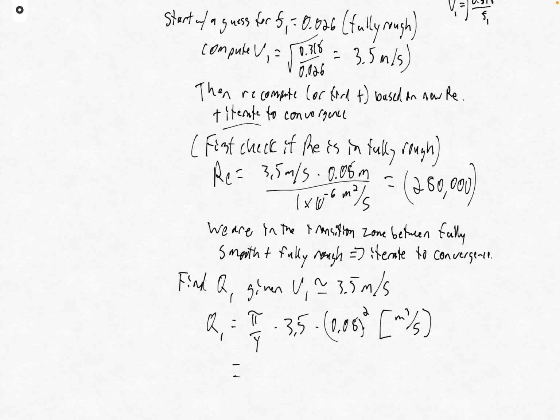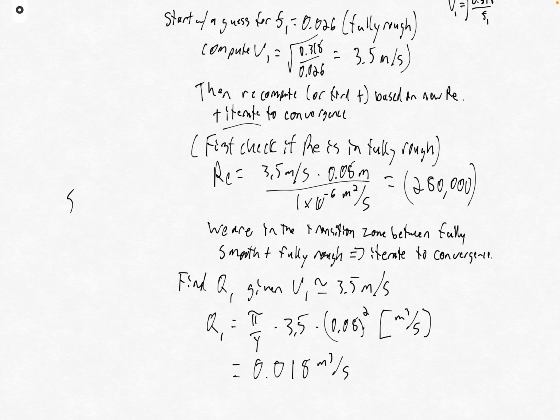If we plug that in, Q1 is 3.14 divided by 4 times 3.5 times 0.08 squared, and we get 0.018 meters cubed per second.